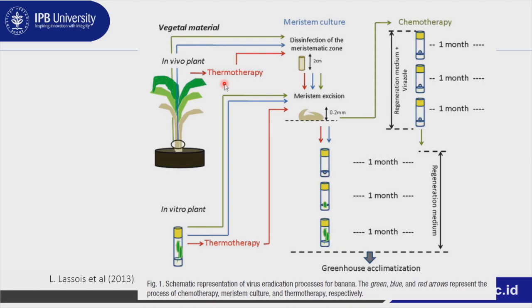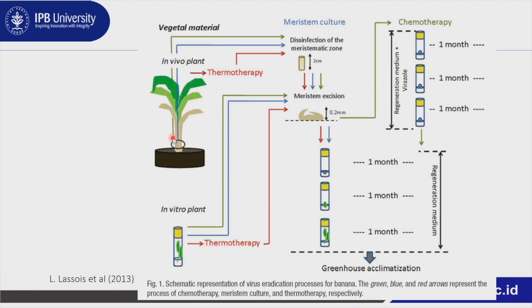Of course, it's already adjusted so that the plant will not suffer too much from that condition. And using also a chemical treatment, the disinfection of the meristematic zone, and also meristem excision. It's very small, maybe only 1.2 millimeters.